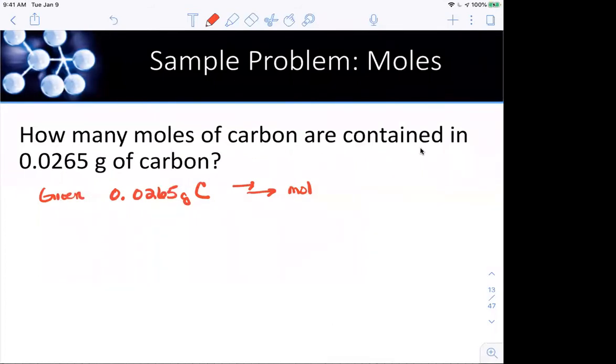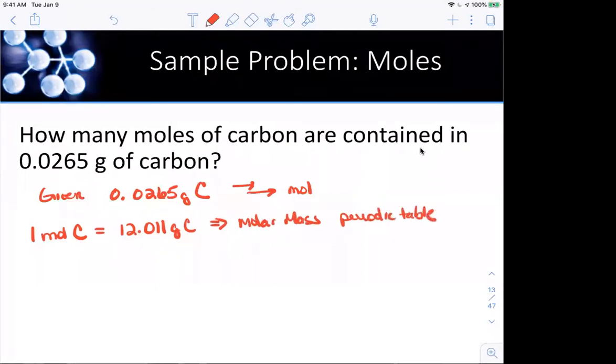Well, I know that 1 mole of carbon is equal to 12.011 grams of carbon. And this is going to be the molar mass, and I'm going to find this on the periodic table. So now I can set up my conversion factor. If I have this many grams of carbon, I want to go from grams to moles.